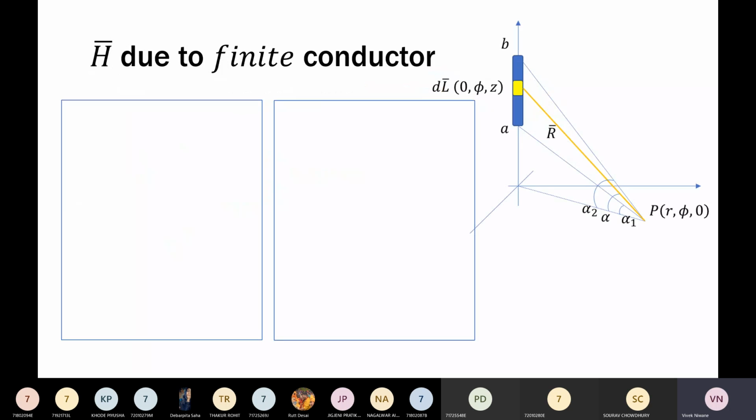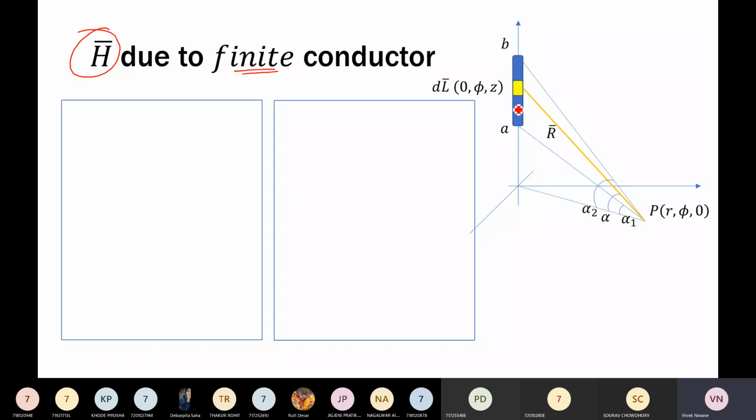Then we will go to the next case, where we want to get an expression for the magnetic field intensity due to a finite conductor. For this purpose, please observe the geometry very carefully. Okay, assumptions made.